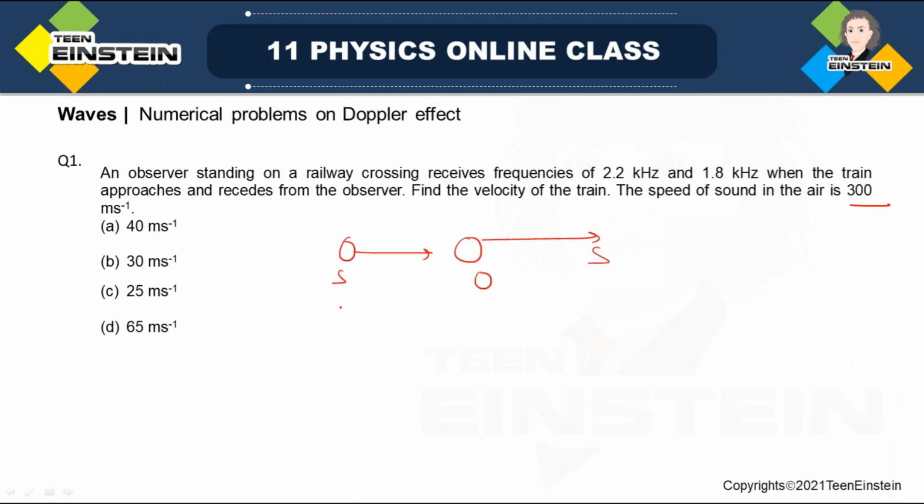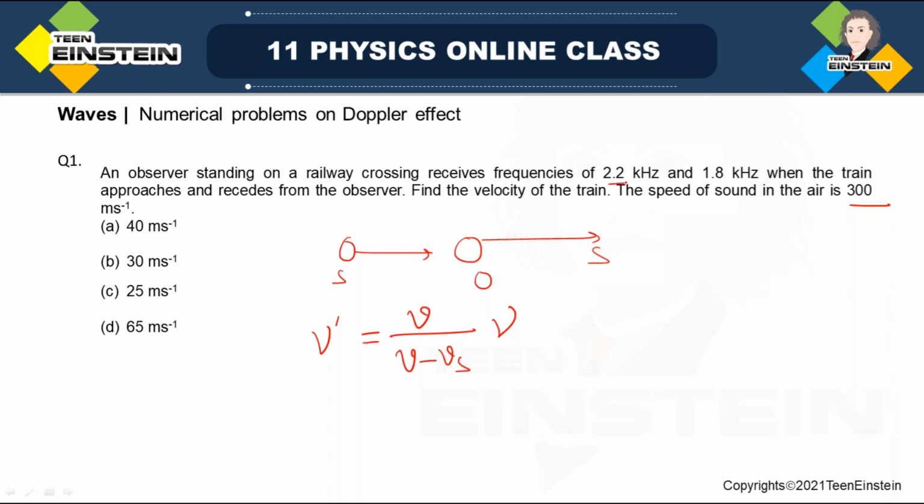We have seen already the new frequency: when it is approaching towards the observer, the new frequency will be V, the velocity of sound, divided by V minus Vs, times nu.